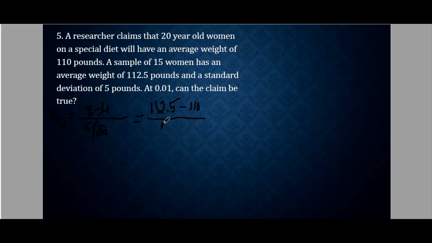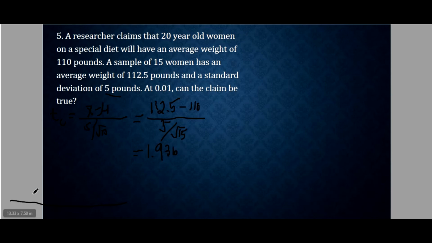And then s, the standard deviation, is 5, divided by square root of 15. So you may use your calculator: 112.5 minus 110 divided by 5 divided by square root of 15. So we have 1.936.